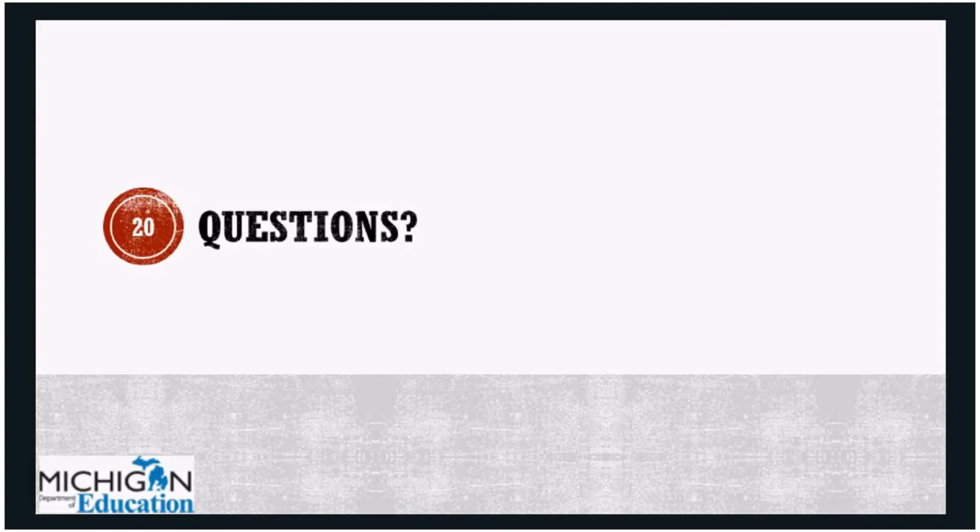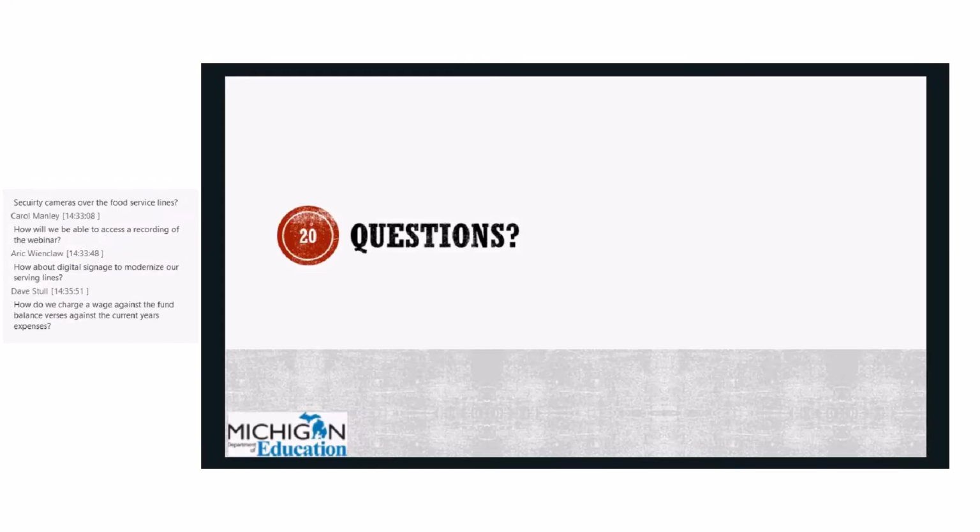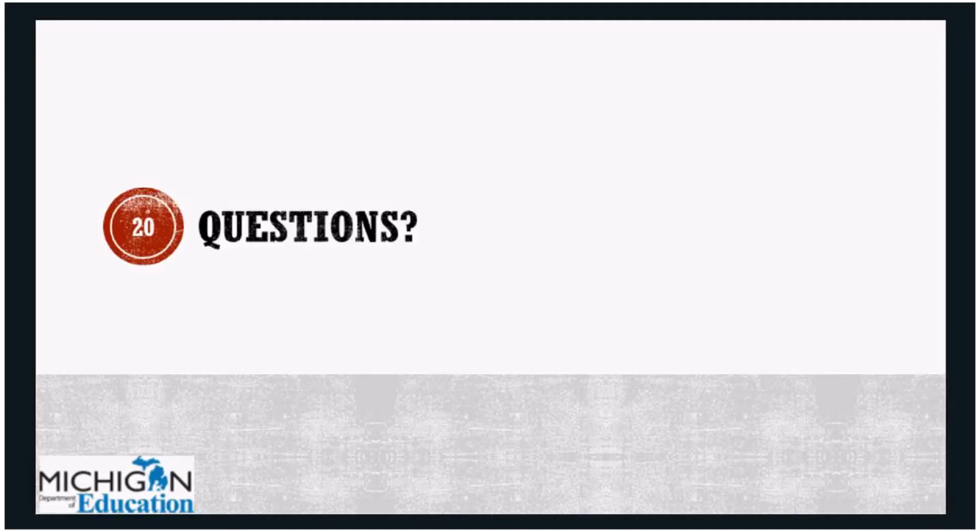The next question, security cameras over the food service lines, and unfortunately this answer is no, that is not an allowable cost. The USDA expects food service funds to follow the uniform grant guidance, federal cost principles, which there are many of, but necessary, reasonable, applicable, allowable, and the USDA has already determined that security cameras are not necessary and constitute, it's kind of like an infrastructure cost.